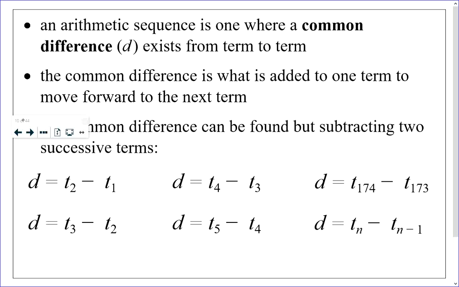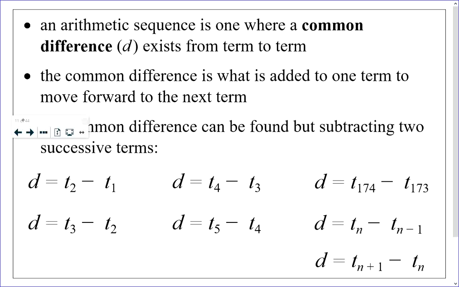All this is saying is I take a term and I subtract the term immediately before it. And you may see this in this course or in later courses, I could say the n plus 1th term minus the nth term is going to give you the common difference.